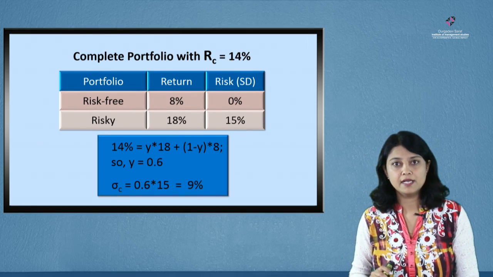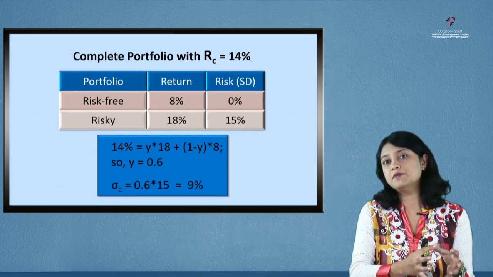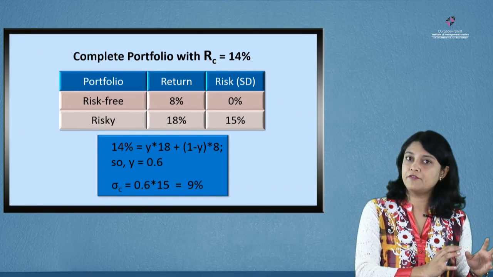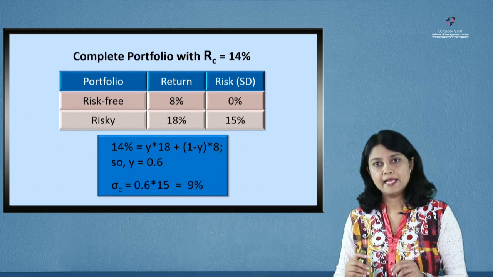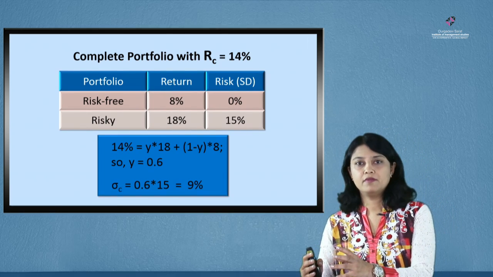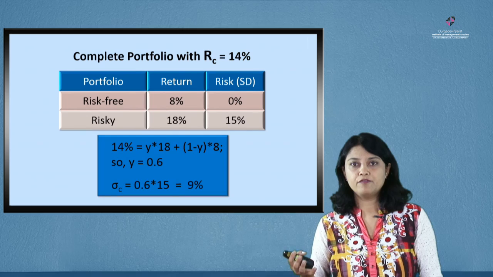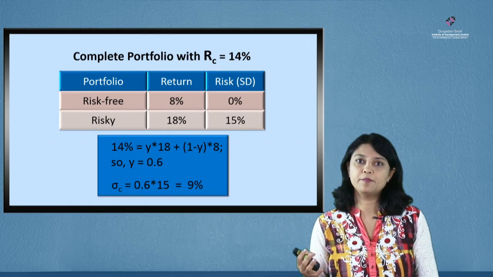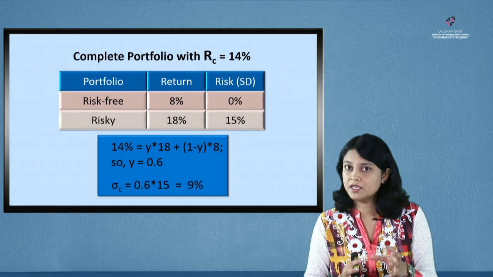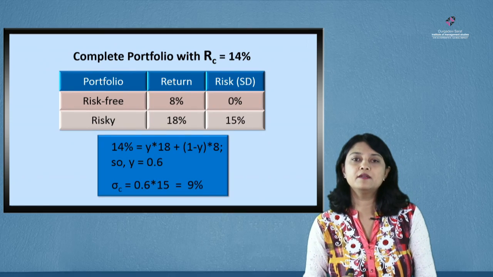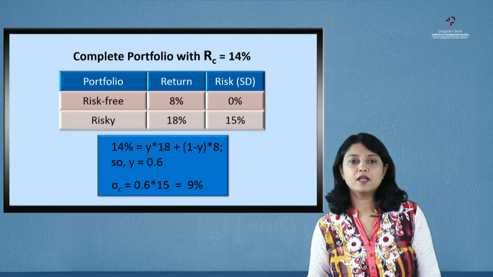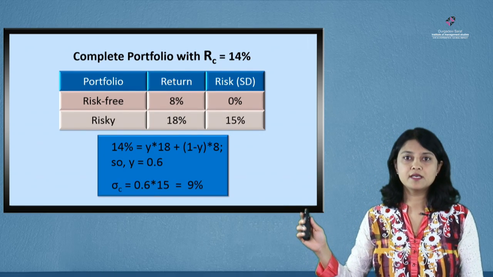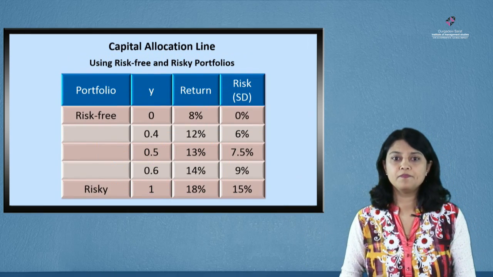So the answer is, if I invest 60% of my funds into risky portfolio having 18% return and 15% risk, as well as the rest of the money, that is 40% of the funds, into risk free portfolio, this particular combination will yield me 14% return. Similarly you can calculate sigma C, as you can see on the screen, it's 9%.